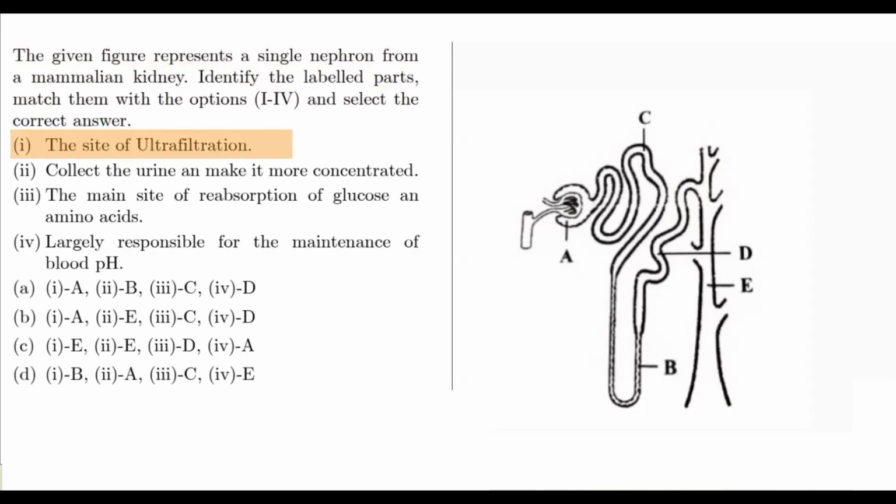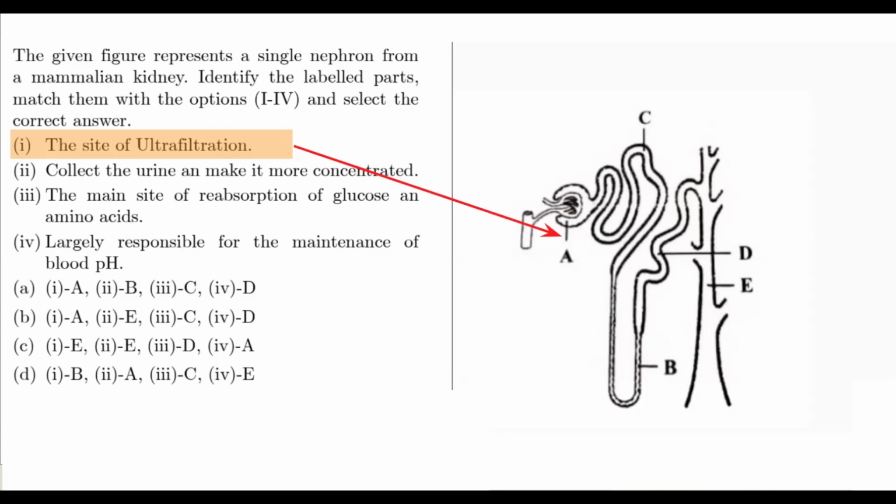What you know is that filtration, or the ultrafiltration, takes place at the glomerulus, right? I can once again show you. This is what A is labeled. A is the glomerulus, where this is Bowman's capsule, and inside the blood capillaries does the ultrafiltration. So I can mark this A as marked correctly.